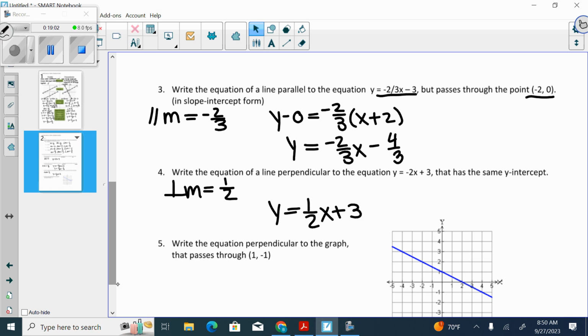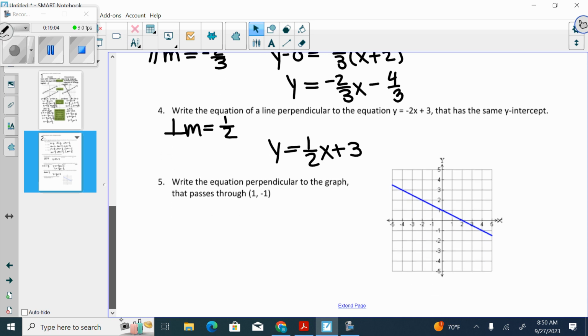All right, last one here. This one says, write the equation that's perpendicular to the one on the graph and passes through the point 1, negative 1. Okay, so first of all, the graph, what is its current slope? Negative 1/2. So that would mean the perpendicular slope would be positive 2.